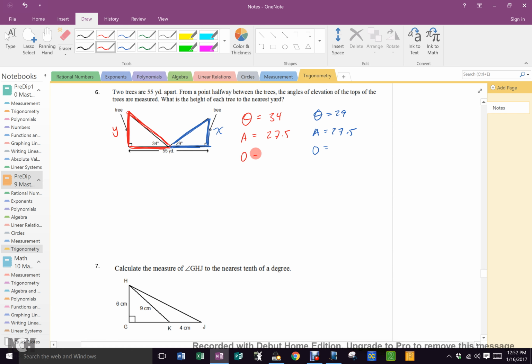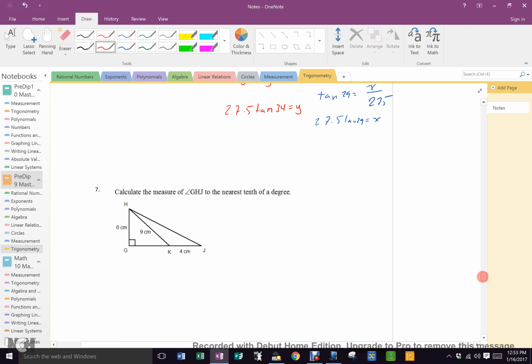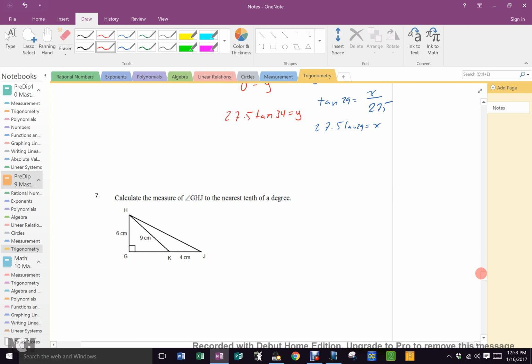So this side is tan 29 equals x over 27.5. 27.5 tan 29 equals x. And this side must be 27.5 tan 34 equals y. Right? Excellent.